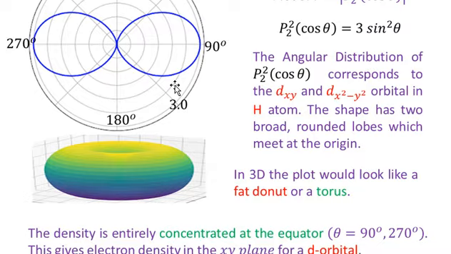And these dumbbell shapes lying in the xy plane are referred to as the dxy orbital, or lying along the x-axis or the y-axis, then these are called dx square minus y square orbitals.